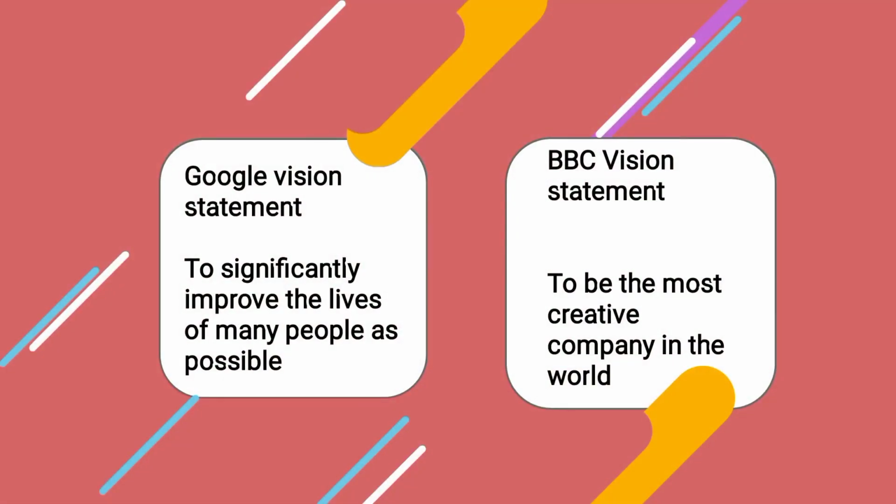Google's vision statement is to significantly improve the lives of as many people as possible. You can see it's a vision of what they hope to achieve down the road. To significantly, they use adjectives and adverbs there to describe intentionally what their vision is. Improve lives of many people.